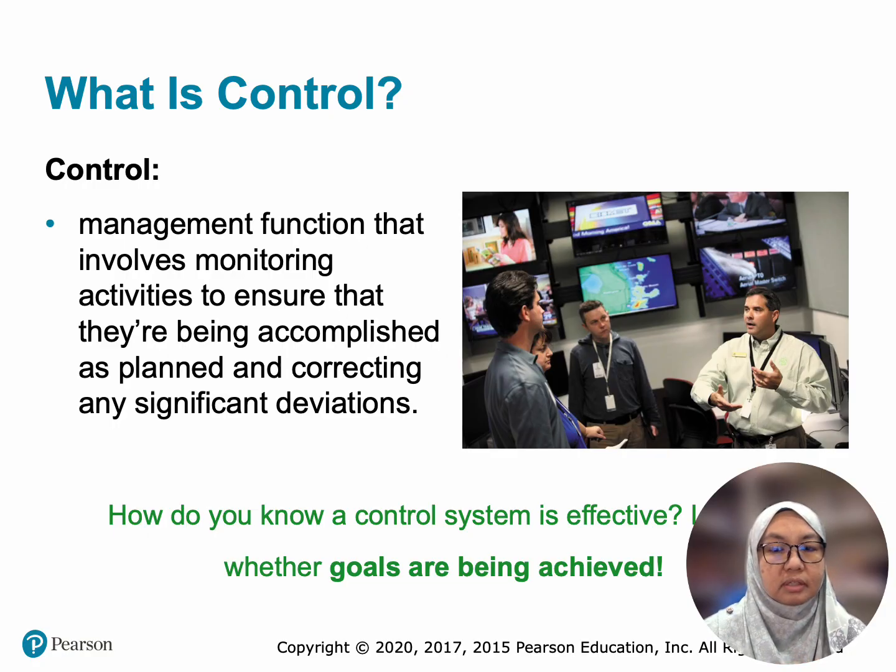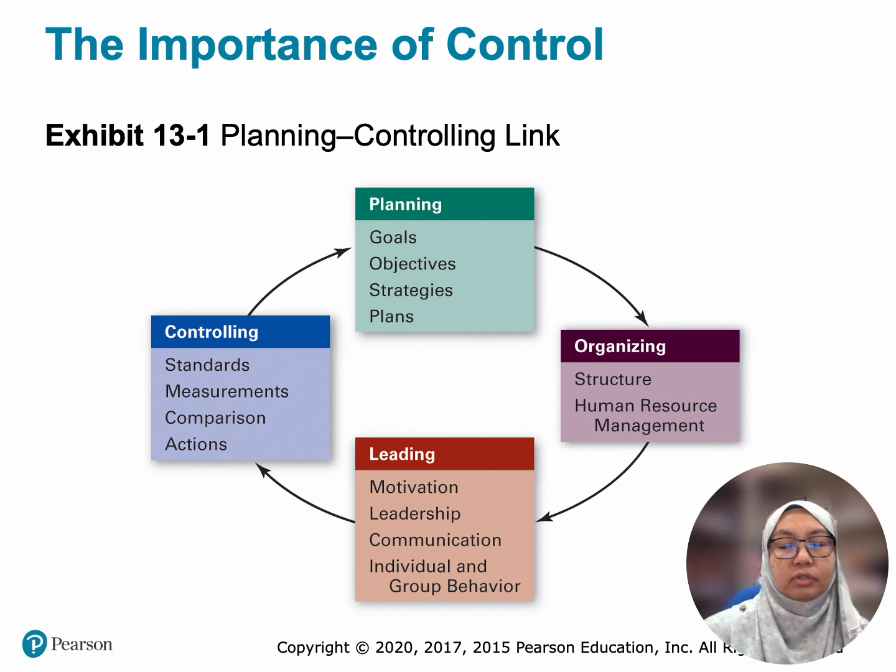Control is in the sense that we look back at what has been happening and whether the things that happen are actually according to what has been planned for the organization. So how do we know that a control system is effective? It is whether the goal has been achieved or not.